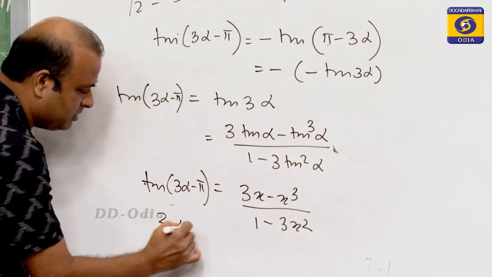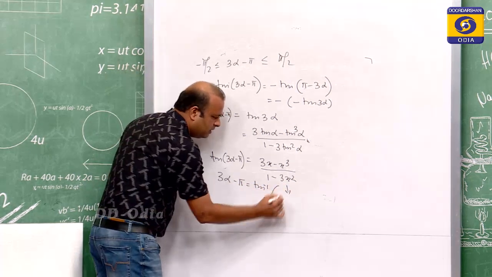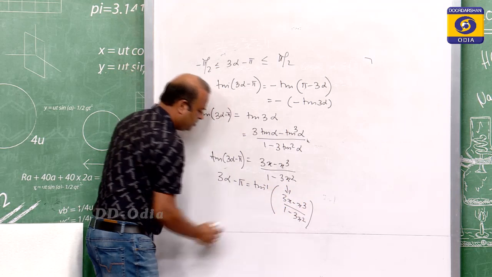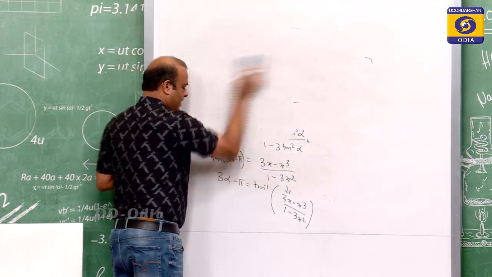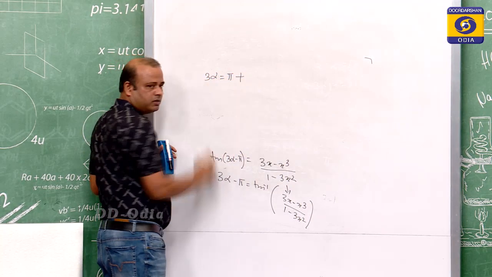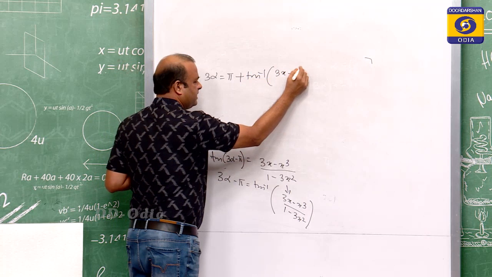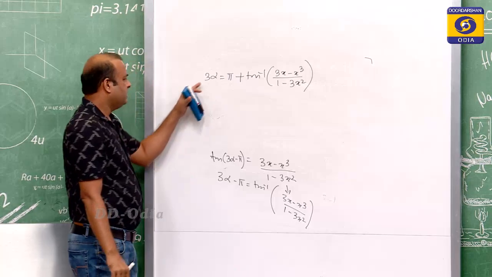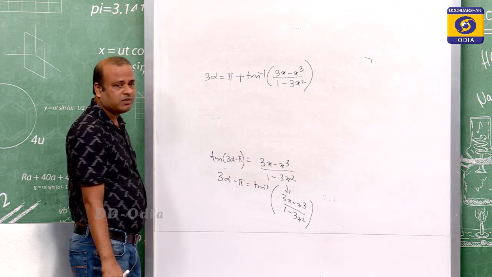Now 3 alpha minus pi is tan inverse of 3x minus x cube divided by 1 minus 3x square. So take pi to that side, that is 3 alpha is equal to pi plus tan inverse of 3x minus x cube divided by 1 minus 3x square.